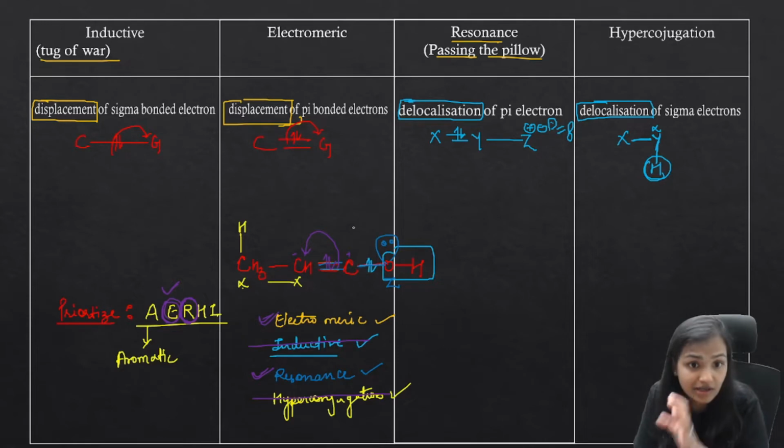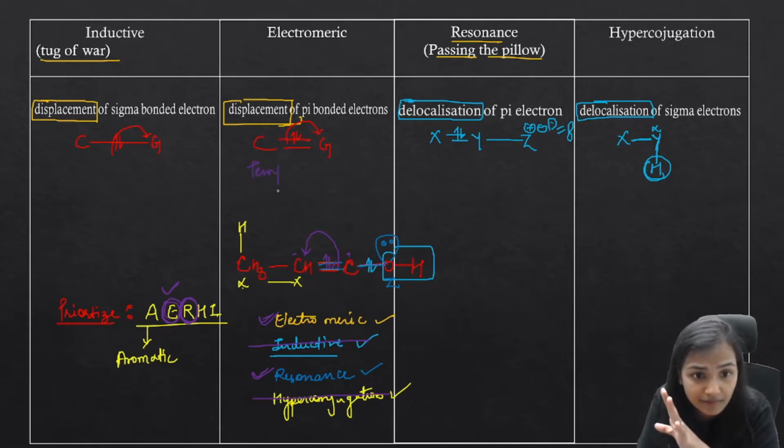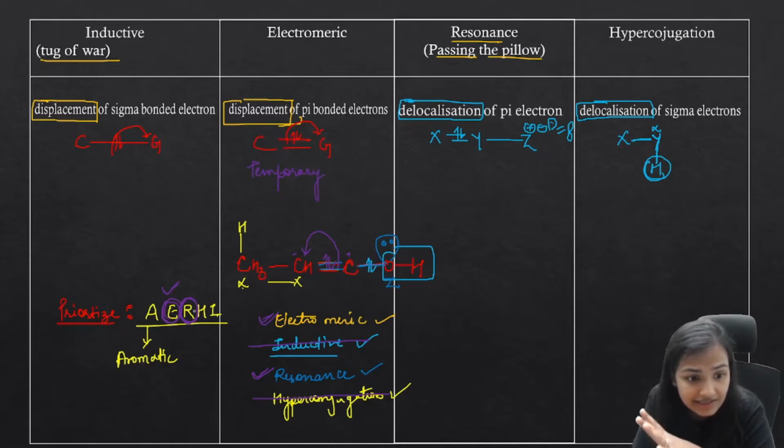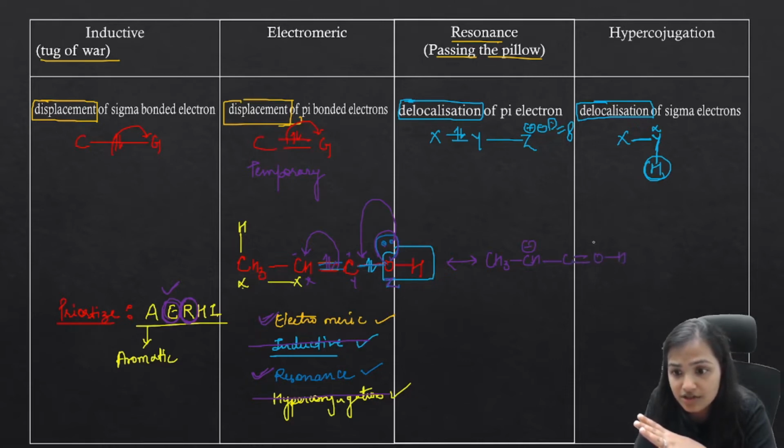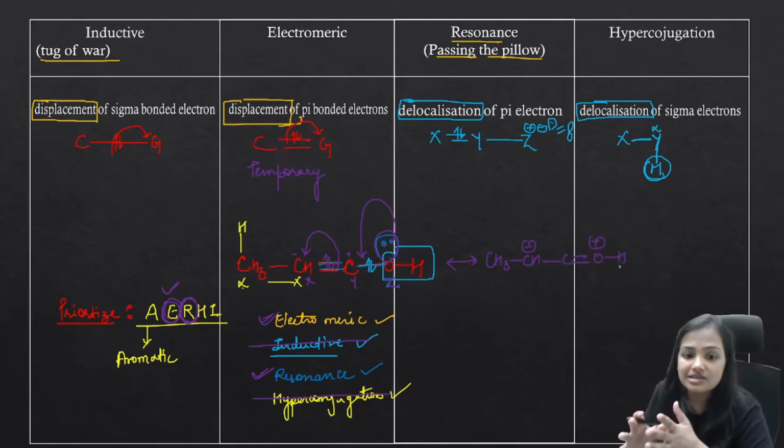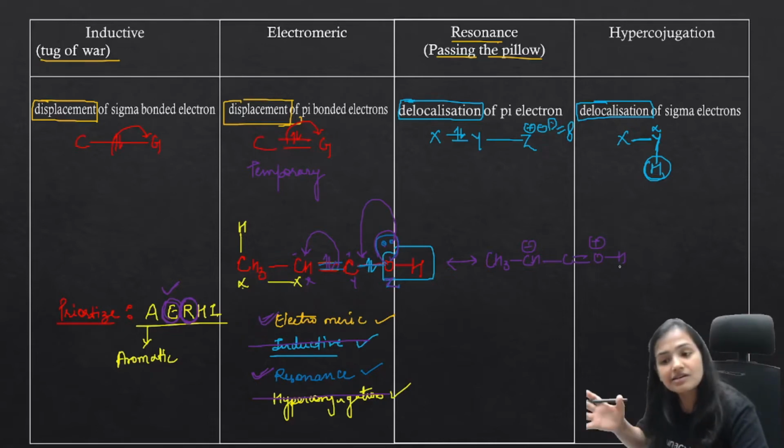We know that this is a temporary effect. And next the resonance: we can see this is X=Y single bond Z, and over the Z we have a lone pair of electrons, so this lone pair will also go there. Ultimately this will become CH3, this will become CH negative, and here the single bond, we will have C=OH positive, and this is going to be the resonating structure. Clear to everyone?